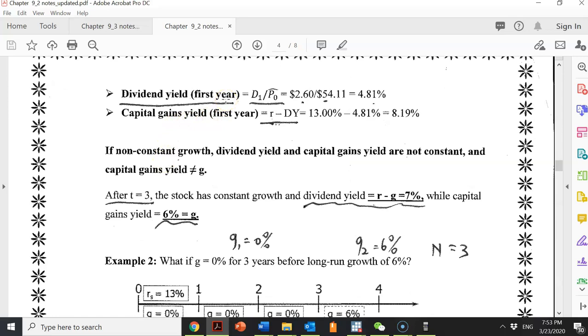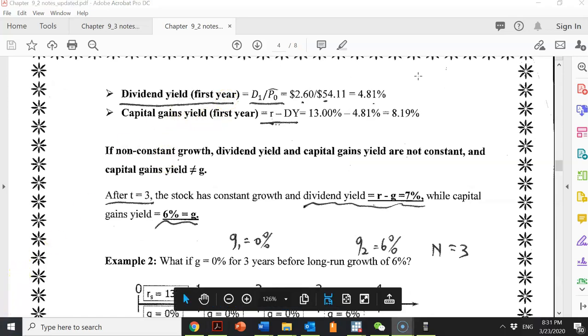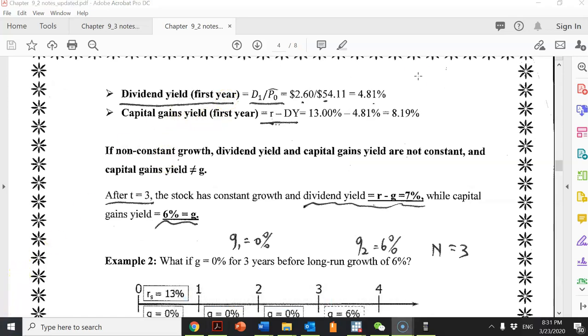For the first year, because it's not in the constant growth model setting, we can only use our definitions for dividend yield and capital gains yield. For dividend yield, by definition, it should be D1 over P0. We know both numbers, so we can plug the numbers in, and we have 4.81% as our dividend yield.